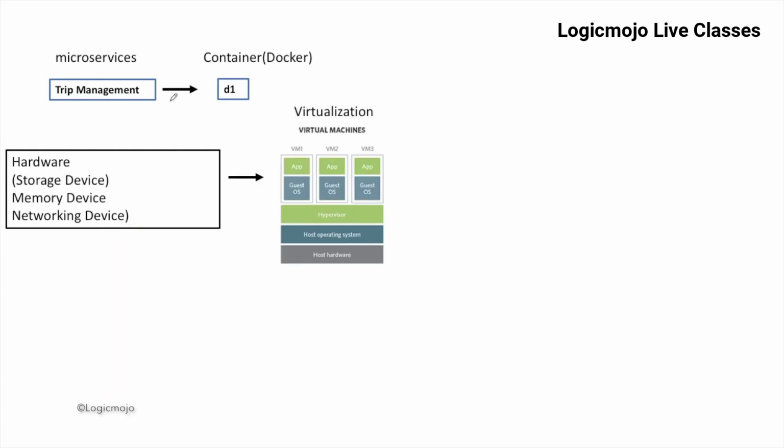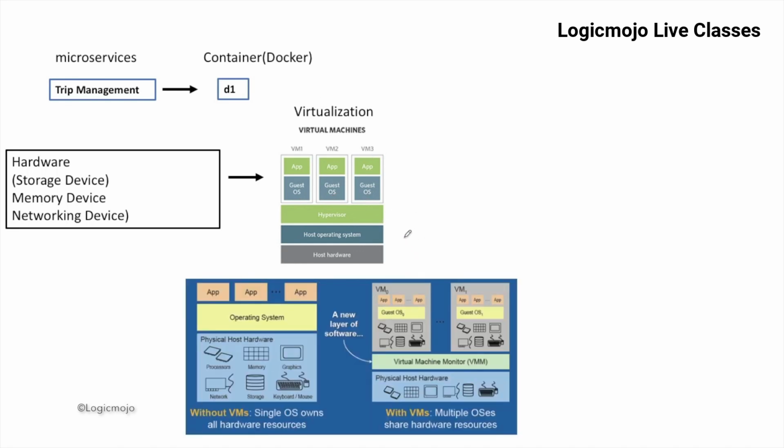So they came up with the idea: why can't we do optimizations with multiple OSs which share the same hardware resource? So now virtualization came into existence, where you have different VMs. All these different VMs have different operating systems, and they share the same physical resource by using a layer called the hypervisor.